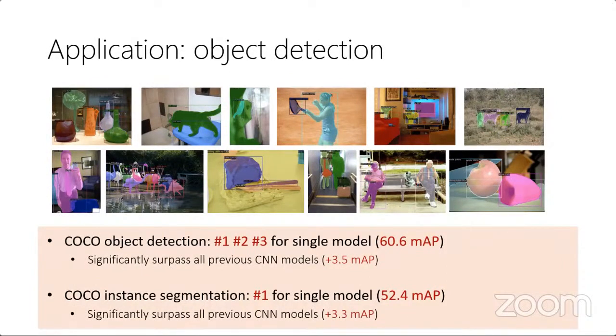The current best record is 60.6 mAP, which is 3.5 higher than that by copy-paste. For instance segmentation, the best record is 52.4 mAP by Swin transformer, which is 3.3 higher than the previous best record by the same models.